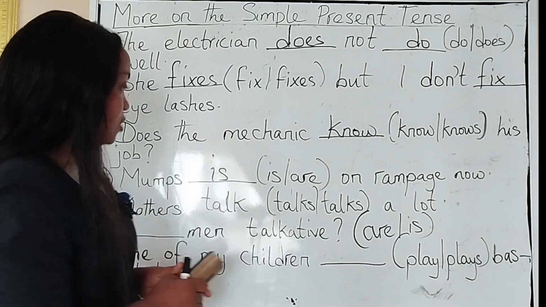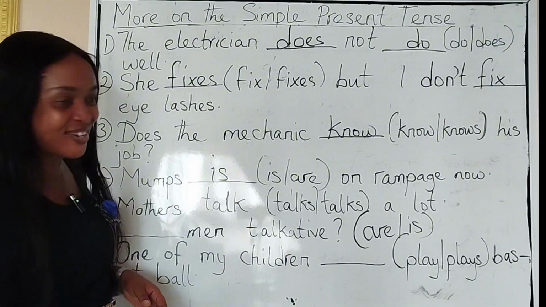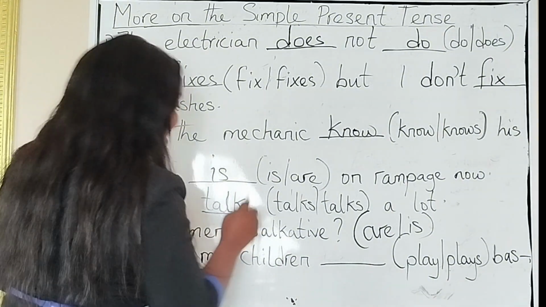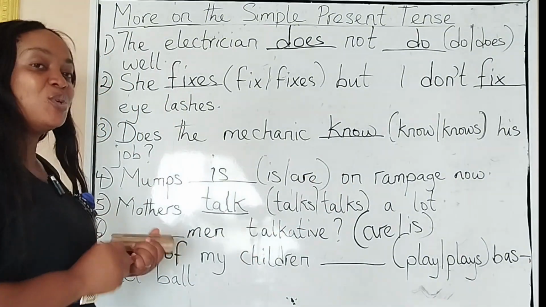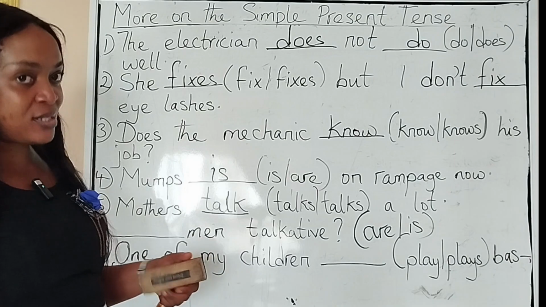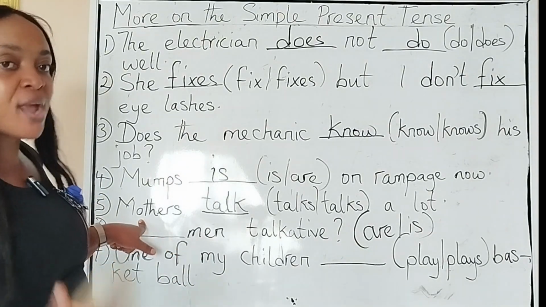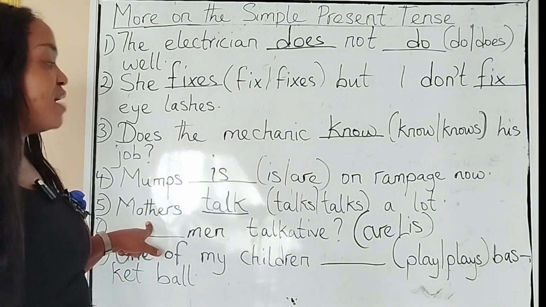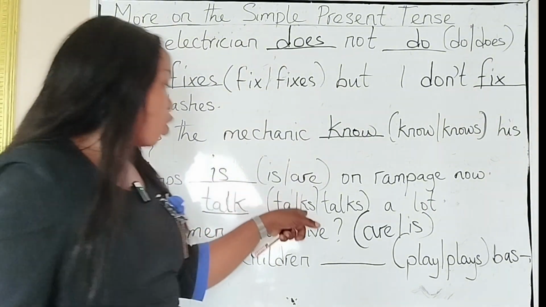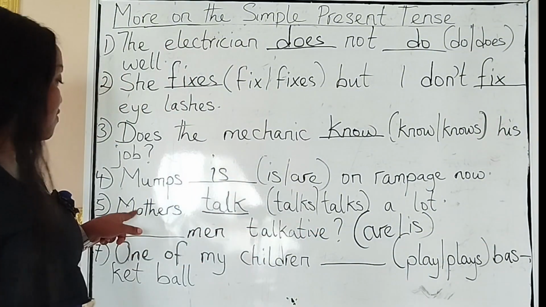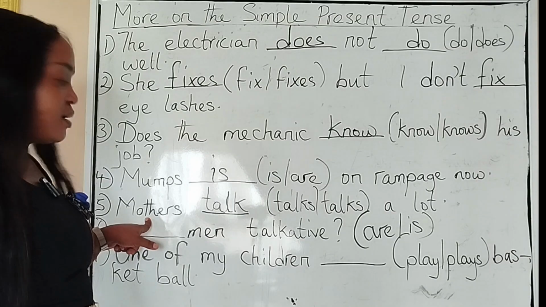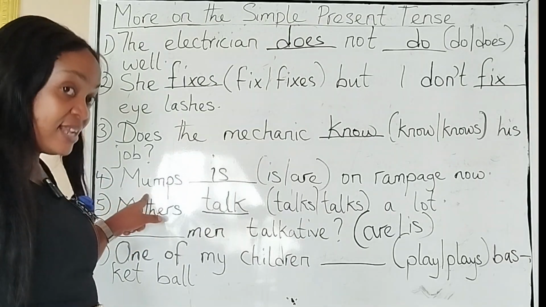All right. Mothers. Oh, I've already fixed this. I'm sorry. Mothers talk a lot. You don't say mothers talks a lot. Remember, it's already mothers, plural. But if it were to be mother, we would have said mother talks. But now that we have plural, if we are to replace it, we say they talk.